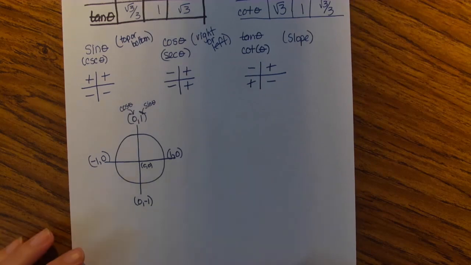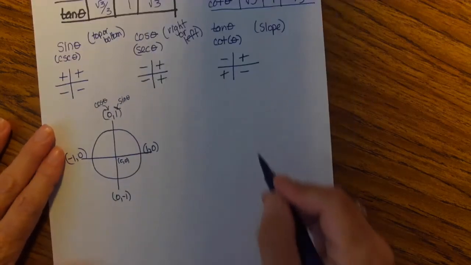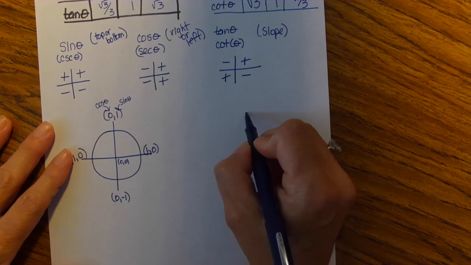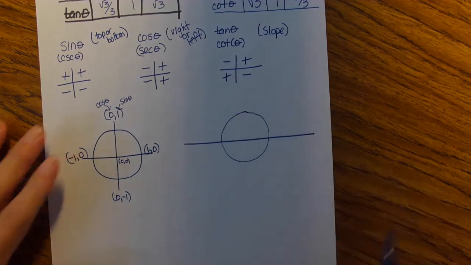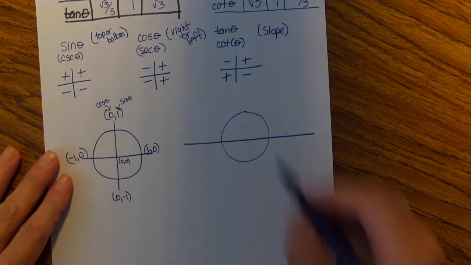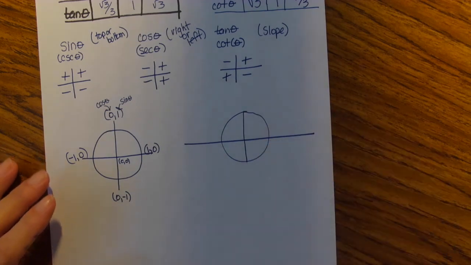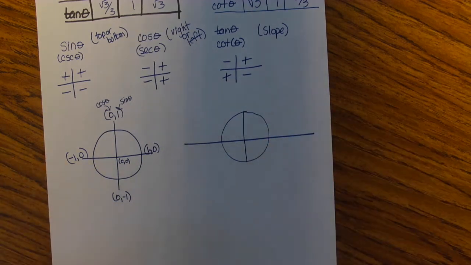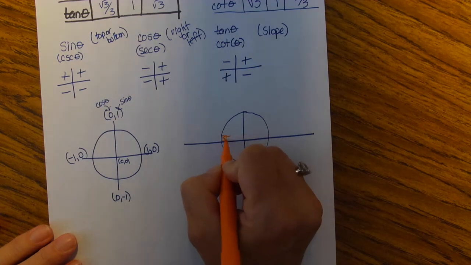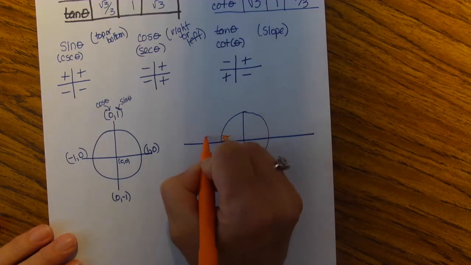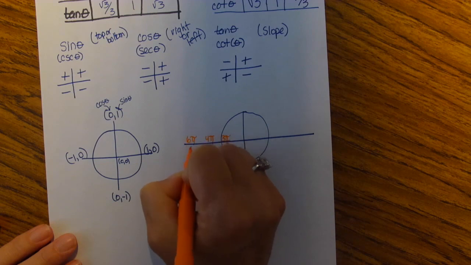The one other thing that I might write down if I were a kid is I would just draw a circle. And I would remember, we always look at angles from the x-axis. So I know that this is going to be 3 pi over 3, or 4 pi over 4, or 6 pi over 6.